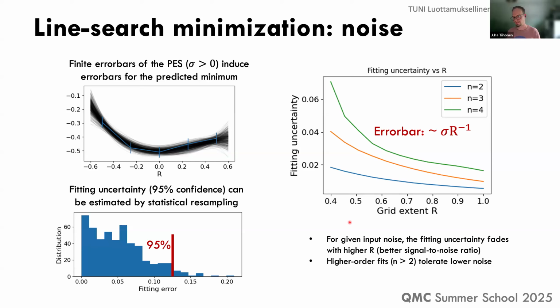Also, the more degrees of freedom we have, the bigger the propagation of error is. So the harmonic fit, n equals 2, has the lowest error bars. And for this reason, we don't want to use too many degrees of freedom in the fit.